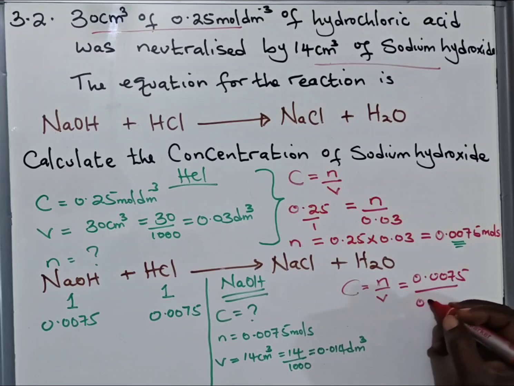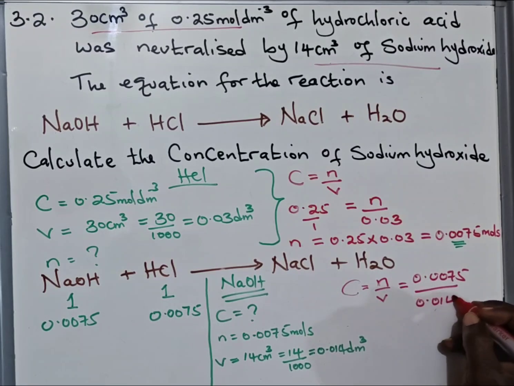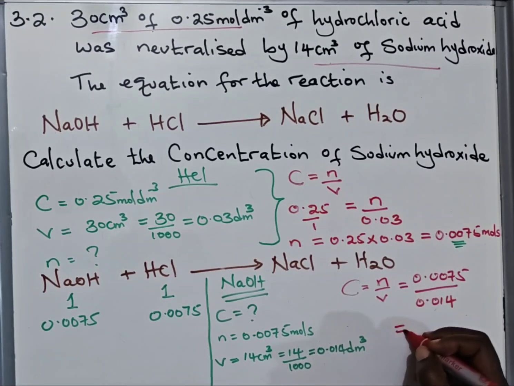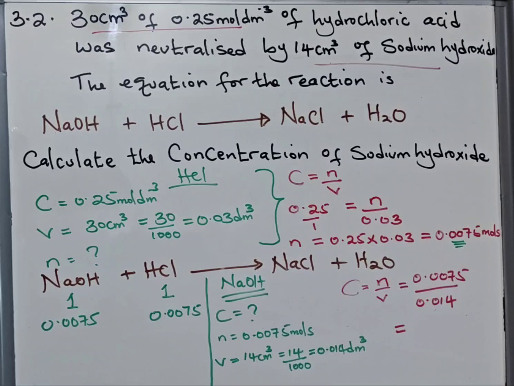Yes, it is 0.014. This one will give you the concentration of our unknown, which is sodium hydroxide. Yeah, so this is it. It is 0.5357 moles per cubic decimeter. So that is it.